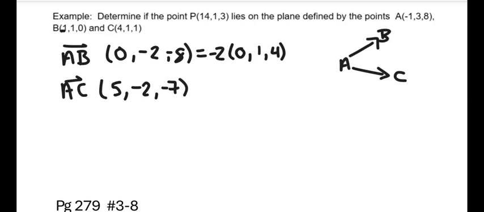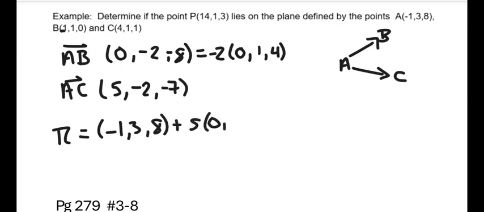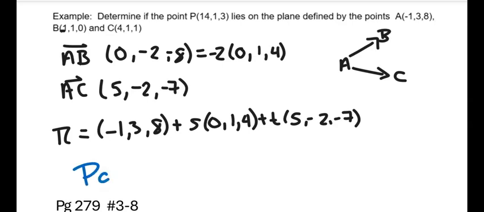But now I can write the equation of my plane. I'm going to start from point A, doesn't matter, but my brain likes starting at A because that's how I've drawn it. And I'm going to move in the S direction 0, 1, 4, and in the T direction 5, -2, -7. Okay, I'm going to convert to my parametric equations here, x, y, and z.